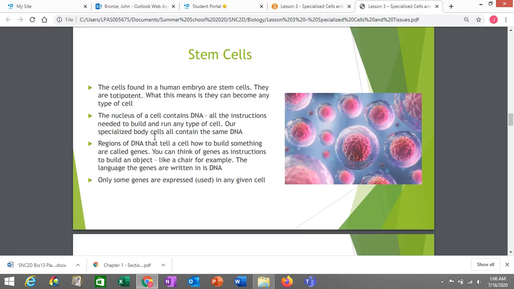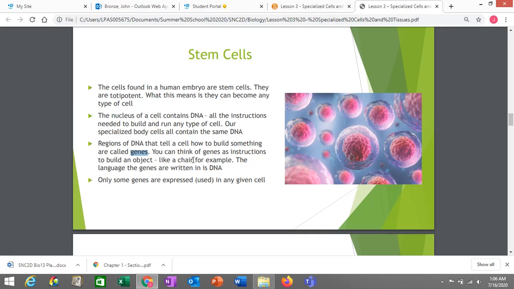And so just to kind of emphasize and try to help you a little bit more with some terminology here, remember that when we say that the DNA tells a cell how to build something, that a section of DNA that does that is called a gene. So if you are still a little bit confused about the difference between genes and DNA, think about it this way. Imagine that you have the instructions to build an object like a chair, right? So somebody gives you the instructions to build a chair. The genes would be the actual instructions. Step 1, do this. Step 2, do that. Step 3, do that. Those are genes.